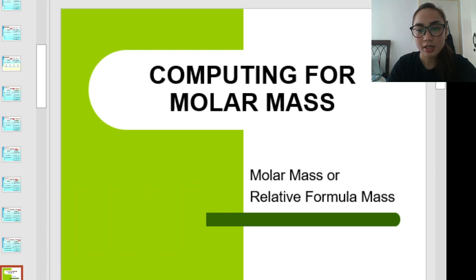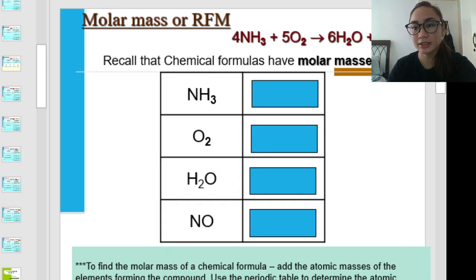So, next is we need to compute for molar mass. So, in this slides, the following slides are just a review on how you will compute for relative formula mass. So, if you remember this in our first module, madali lang siya.